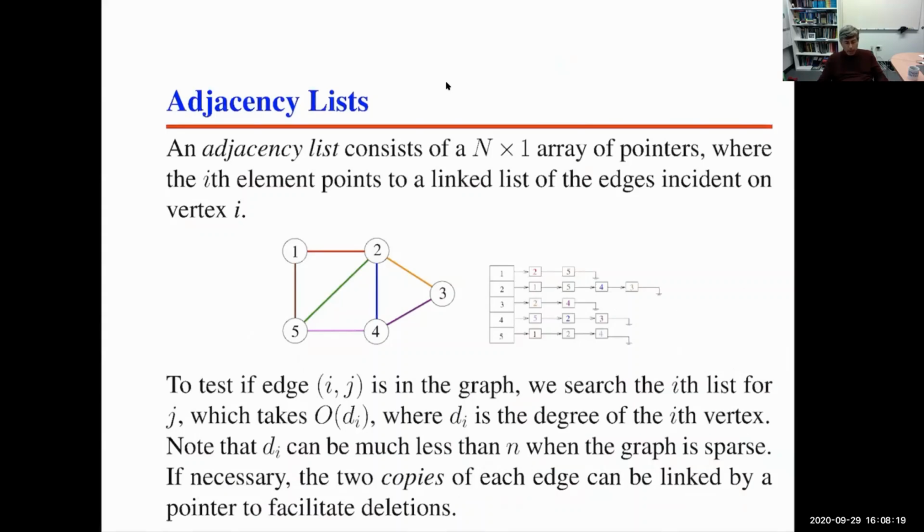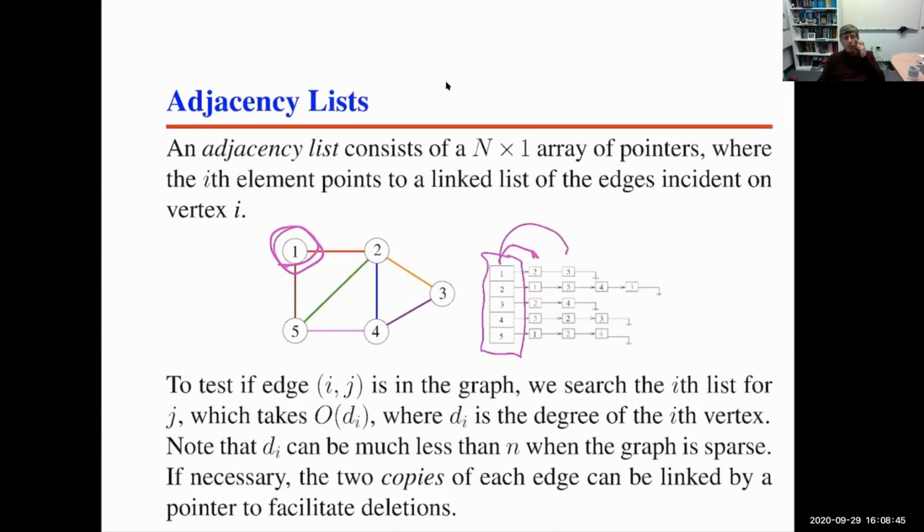How will we represent our graph? If we have an n-vertex graph, we will have an array of size n of linked lists. Each edge is going to be represented by an element in the linked list. What are the neighbors of vertex 1? Well, there is an edge 1, 2, and an edge 1, 5.